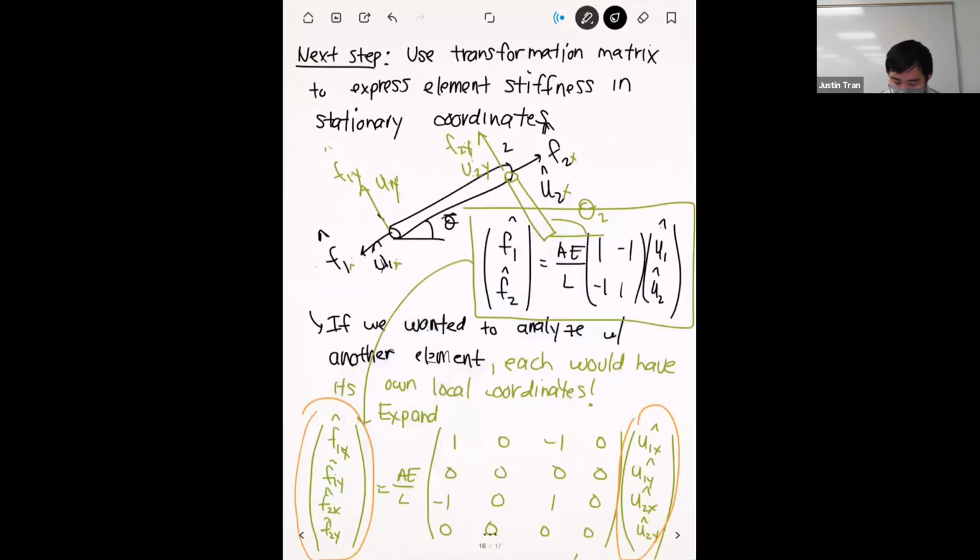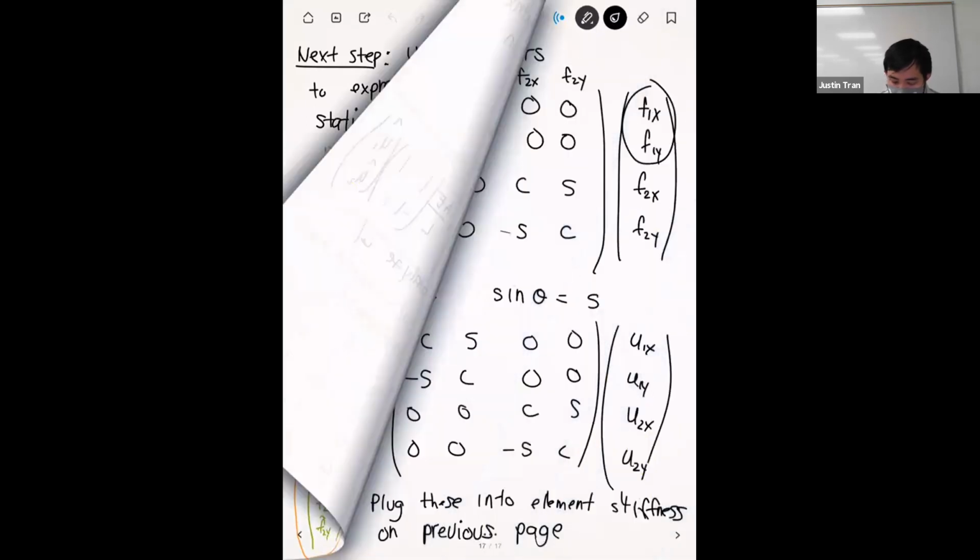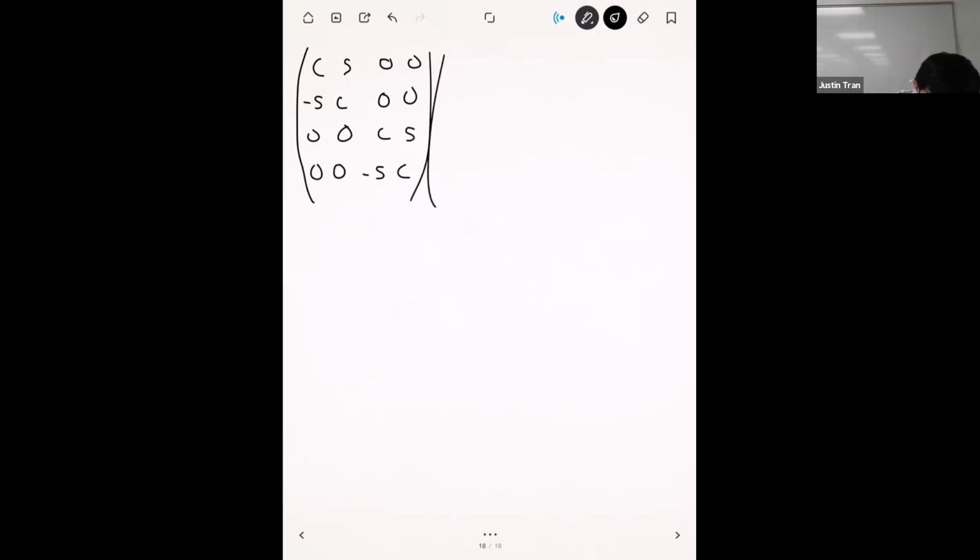If we go back here, we can see that on the left-hand side, we have all the f hats. Instead of that, we're going to plug in C, S, minus S, C, 0, 0, 0, 0, 0, 0, 0, 0, C, S, minus S, C, and this is now F1X, F1Y, F2X, F2Y.